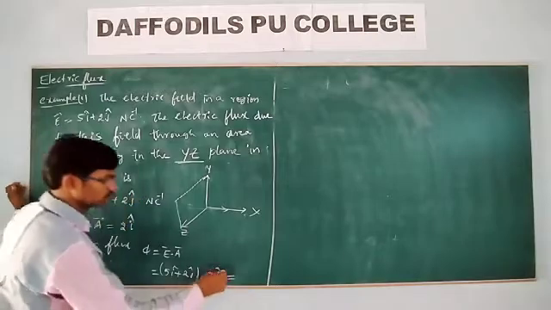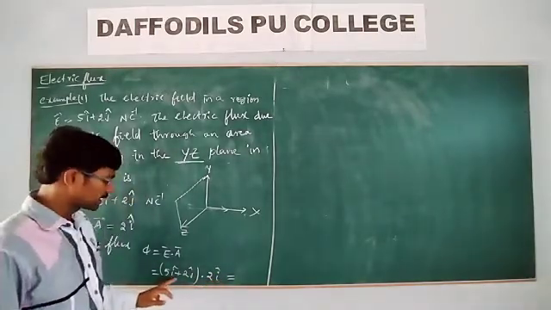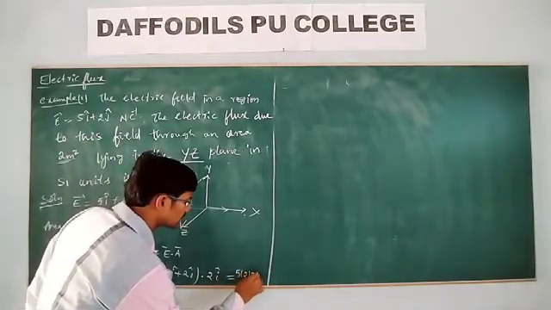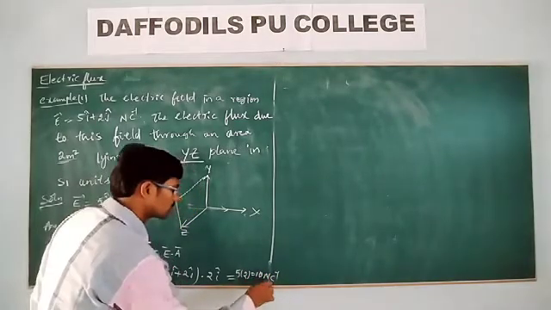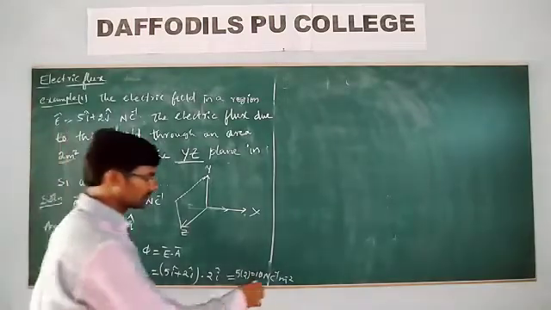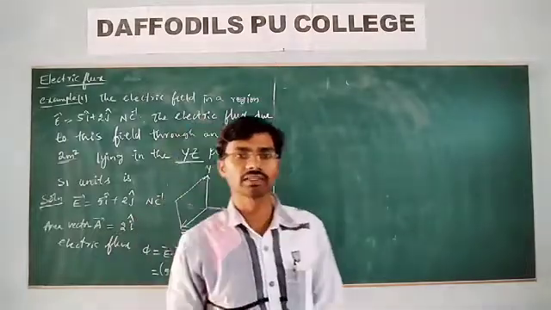The j cap dot i cap will be 0. Then i cap dot i cap is 1, so 5 into 2 is 10 Newton Coulomb inverse meter power plus 2. This is the electric flux.